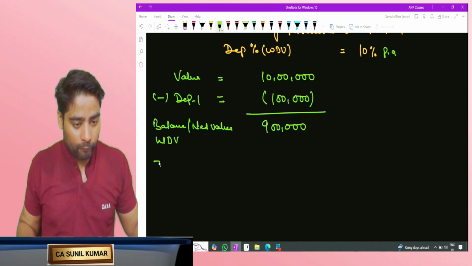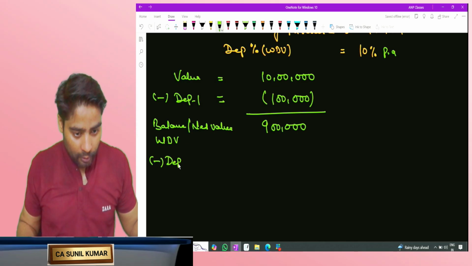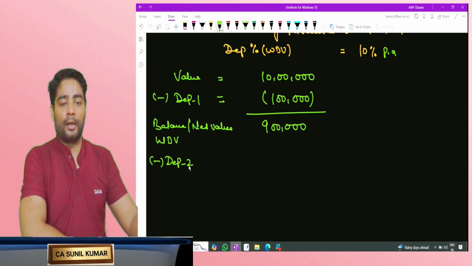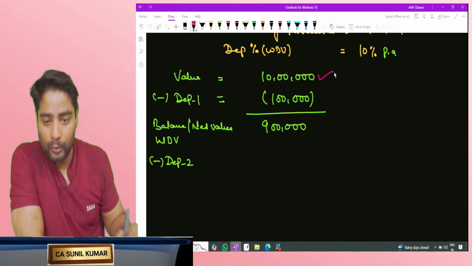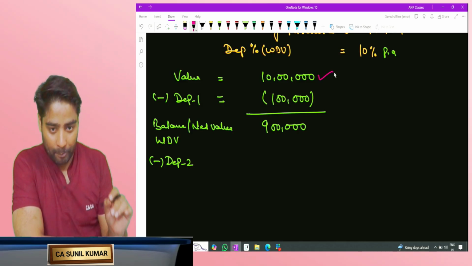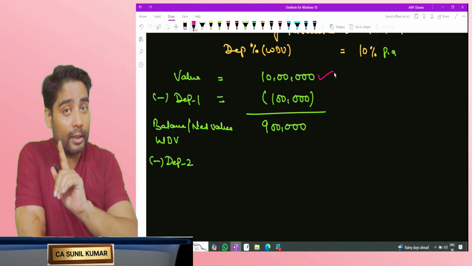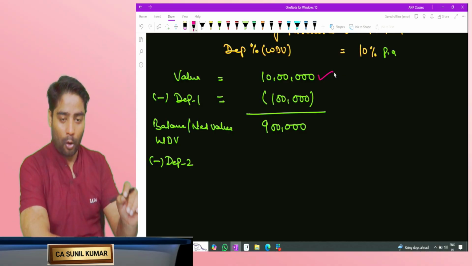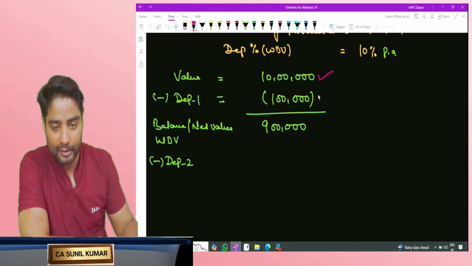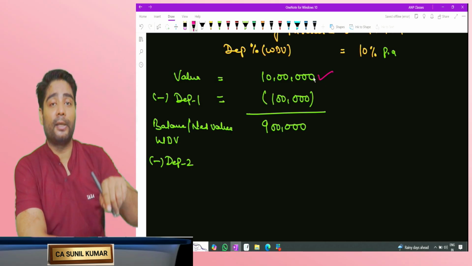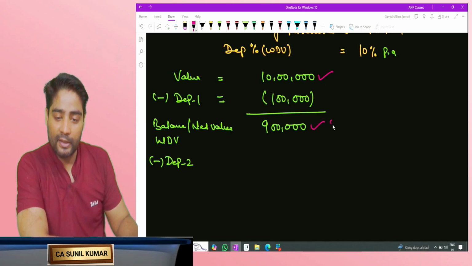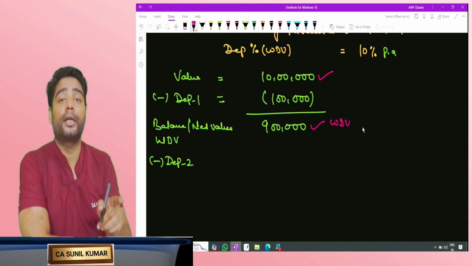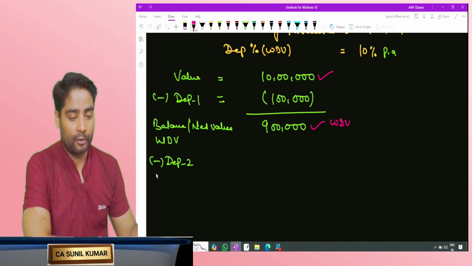Okay, so what will be the depreciation of year 2? Now, depreciation of year 2 will not be calculated on 10 lakh in this method. It will be calculated on the balance, or we can say it will be calculated on WDV.